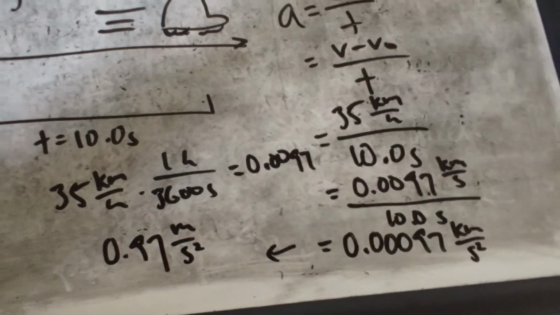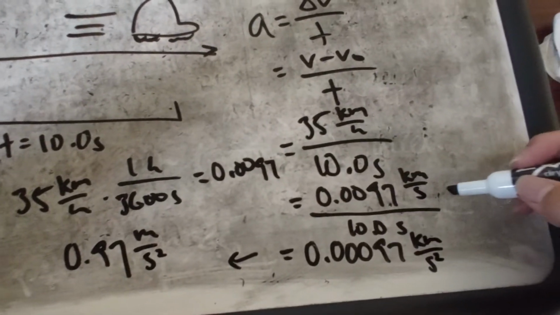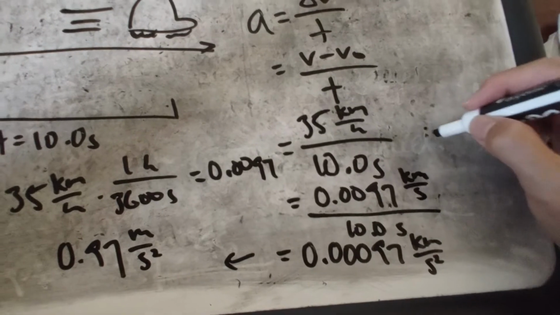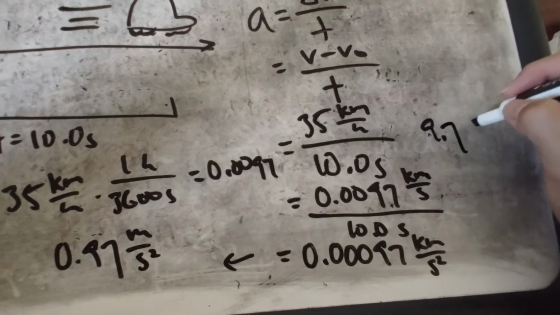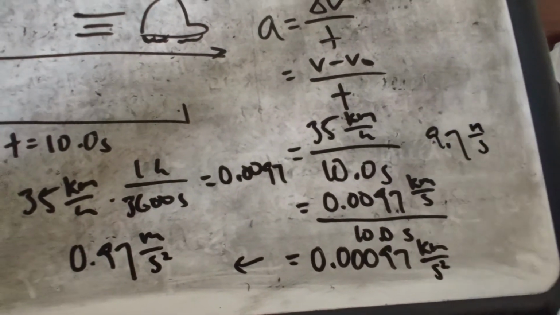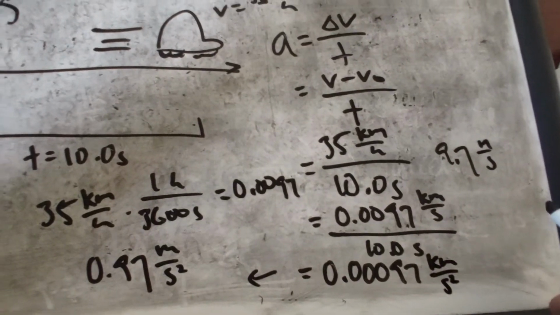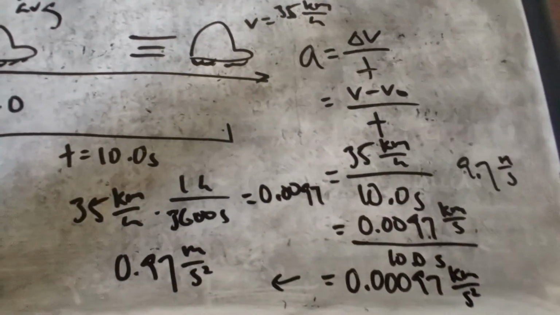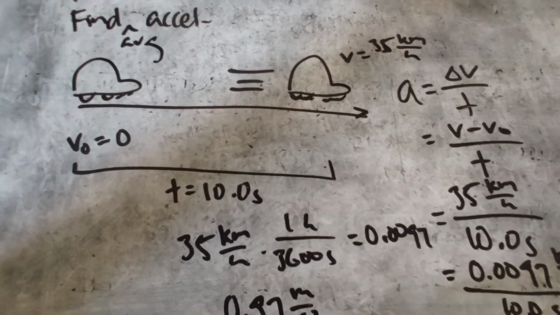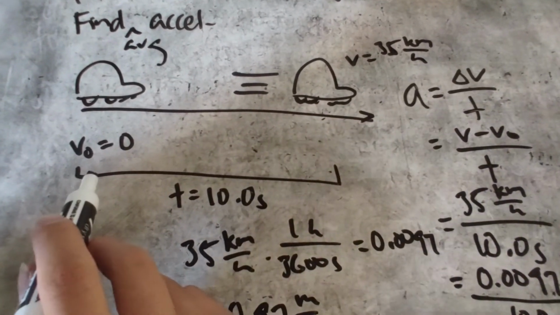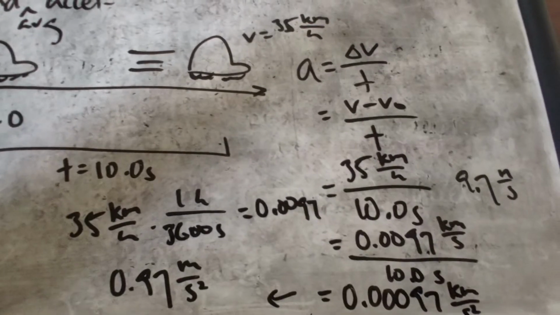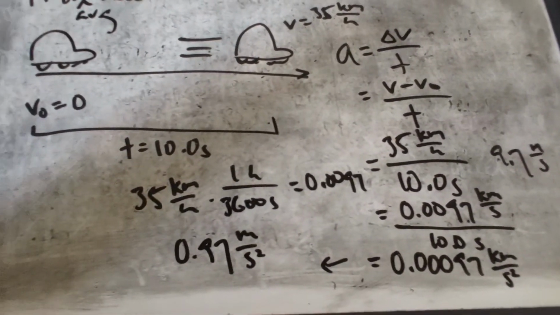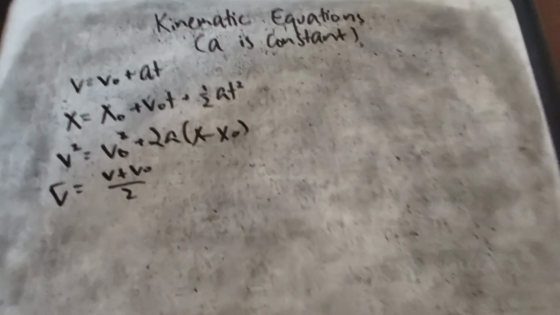Because we have the velocity in kilometers per hour, we could just convert this into meters, which would be 9.7 meters per second, and that's the speed of the car after these 10 seconds. So if we add 0.97 to the original speed 10 times, that's going to give us the final speed of 9.7 meters per second.